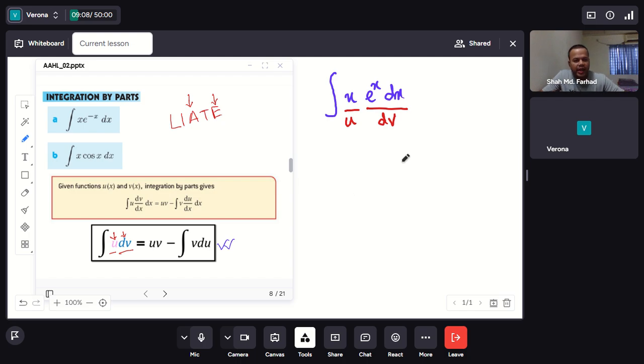Now we have to find four terms to apply this formula. If we look at the formula, we need to find u, which we have already decided, and then we have to find v, and then du, and dv.